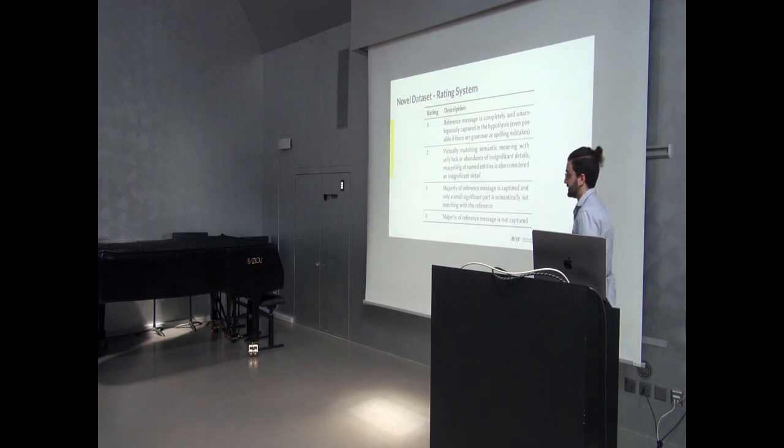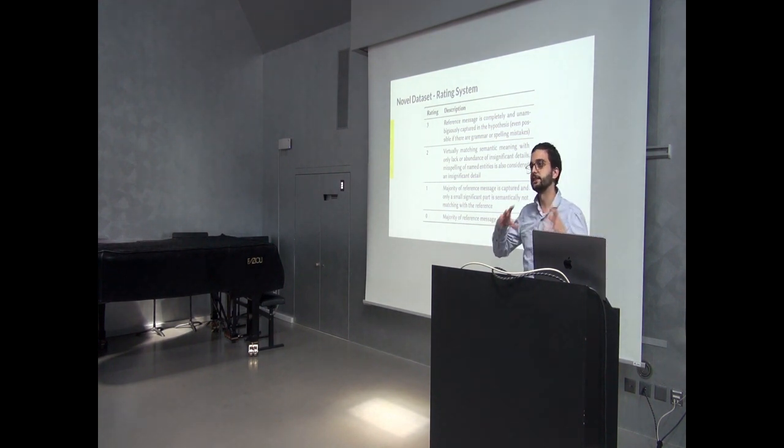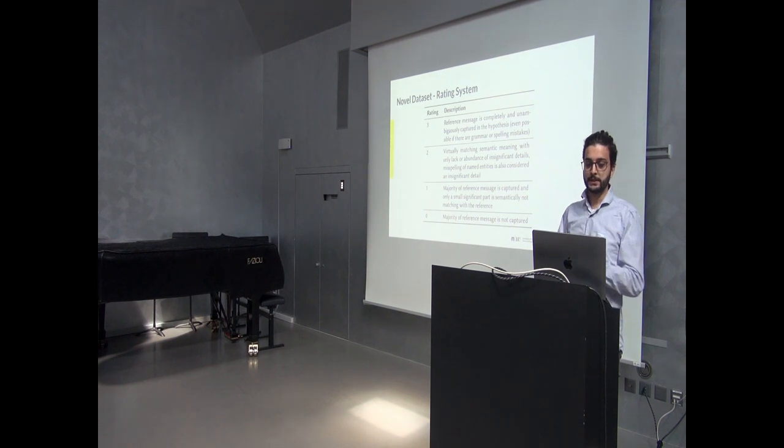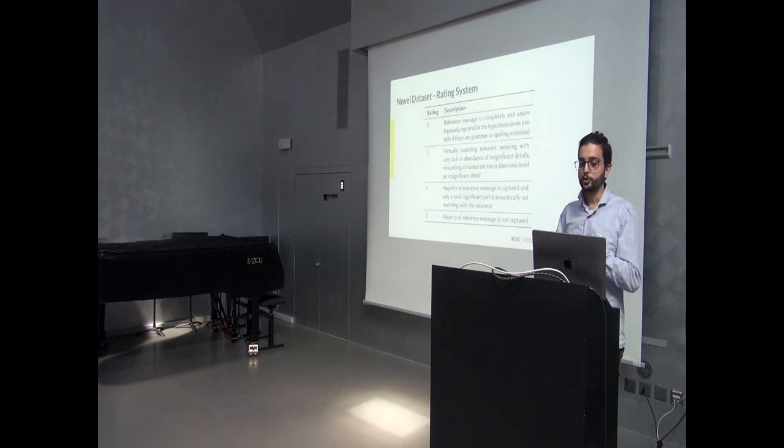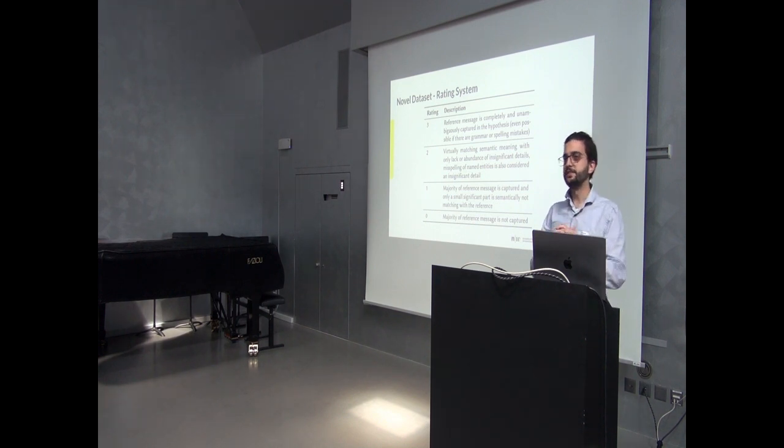And this is our definition of the rating system. A perfect rating of 3 would be that the reference message in the original sentence is fully captured without any ambiguity. This could also happen if there are little grammar mistakes, so the semantic meaning of the sentence could still be captured. A rating of 2 would mean that we have the lack of or the abundance of an insignificant detail.